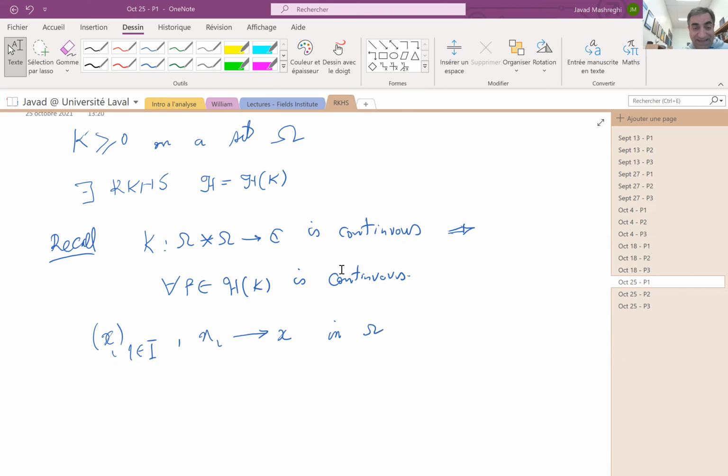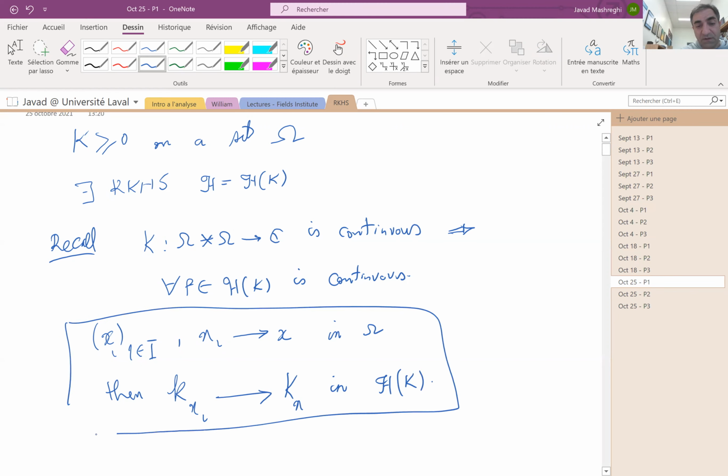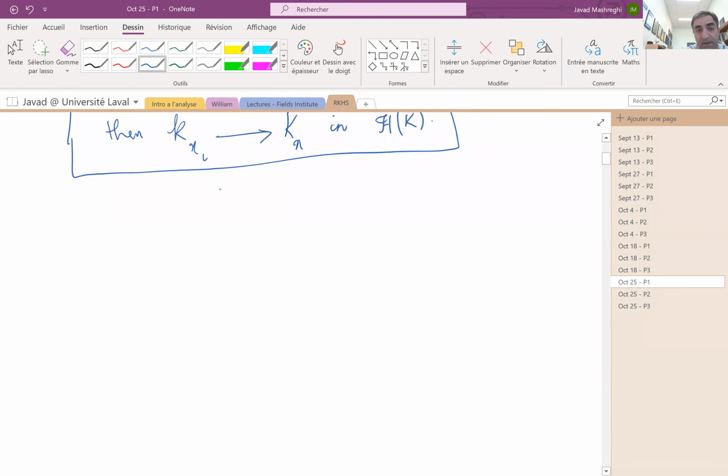If you have a convergent net in X, then the corresponding kernel function k_{x_iota} converges to k_x in the space H. So this is something that we used in the proof to show that the elements of H are continuous, but by itself is important to recall.